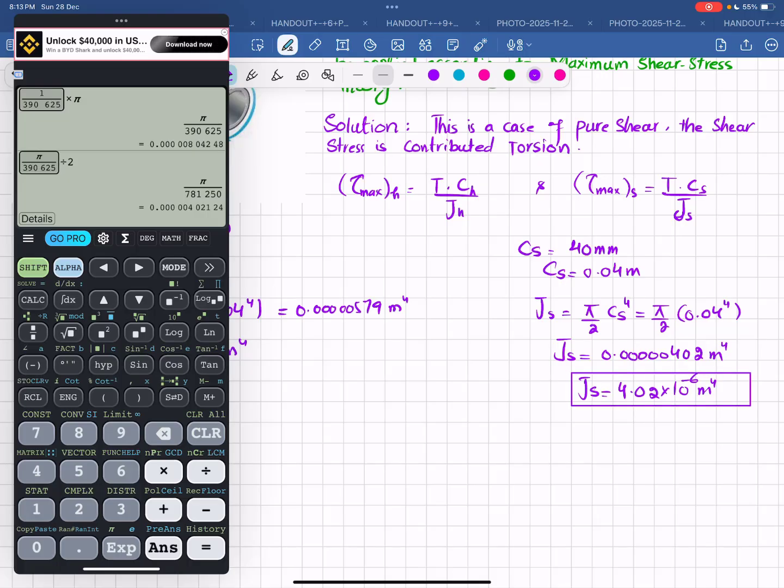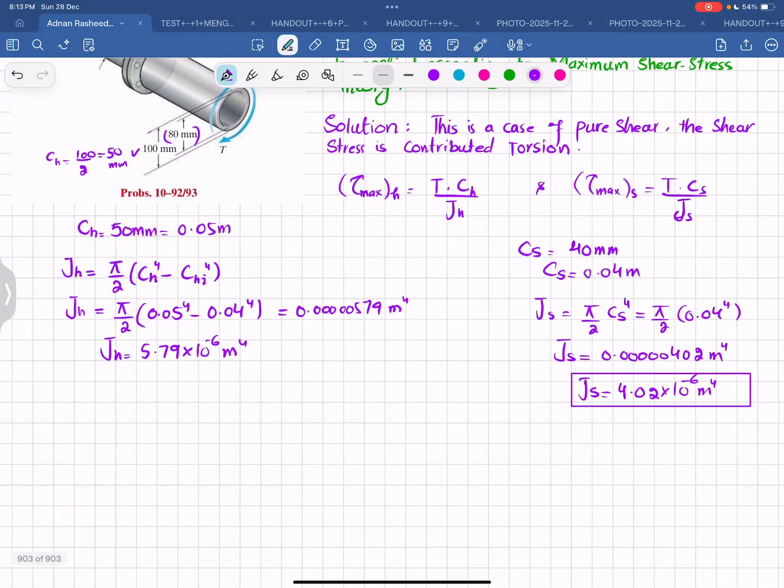So what we are going to do is find the maximum shear stress for the hollow segment, that is T, which is not known and which we are going to find, multiplied by Ch. Ch is 0.05, divided by J, and J is 5.79 times 10 raised to power minus 6.